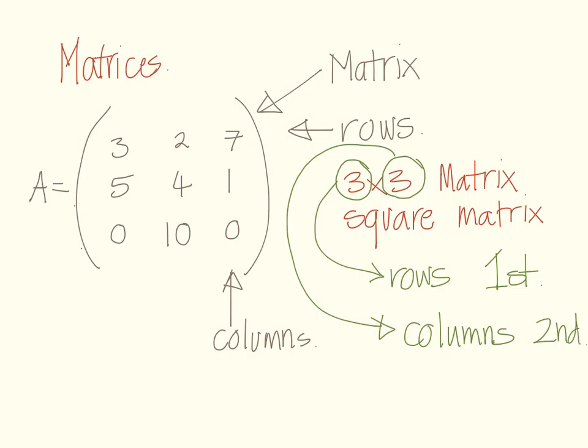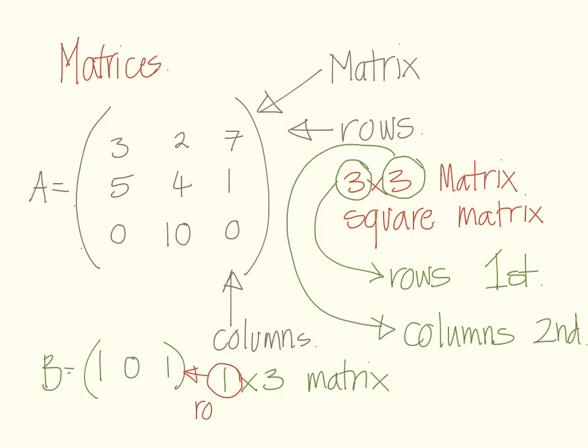So if I have got a matrix 1, 0, 1, for example, we'll call that matrix B, okay, that is a 1 by 3 matrix, because 1 relates to the number of rows and 3 relates to the number of columns. Alright, that all seems fairly simple.